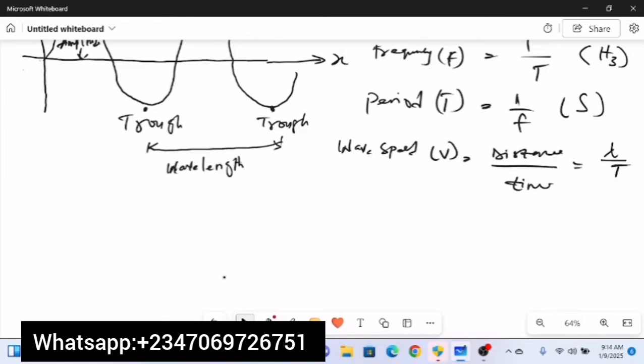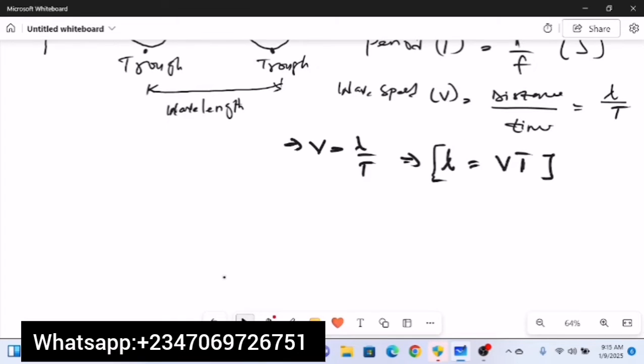This implies our wave speed is simply wavelength all over time. So from here, if you make wavelength the subject of the formula, mathematically wavelength is simply what? The wave speed multiplied by time. So this is our equation for wavelength, keeping this aside.